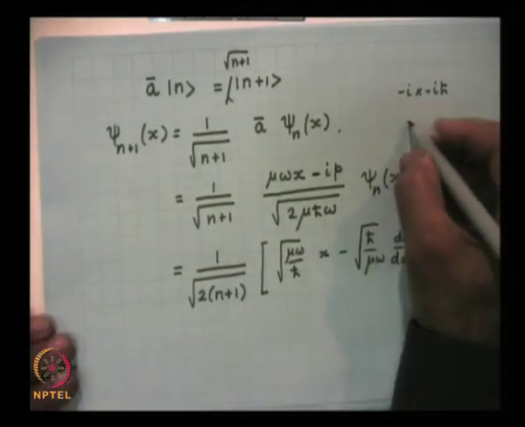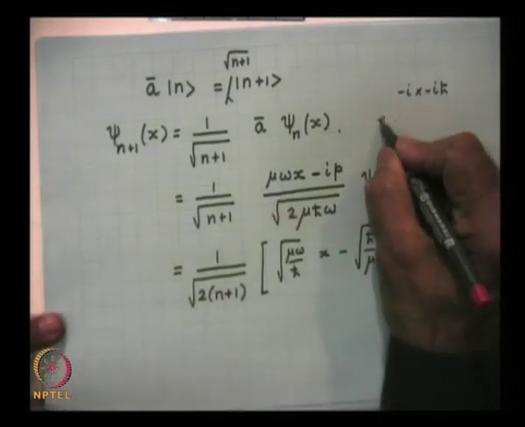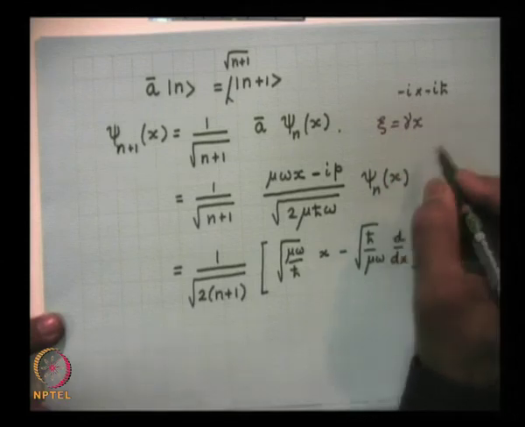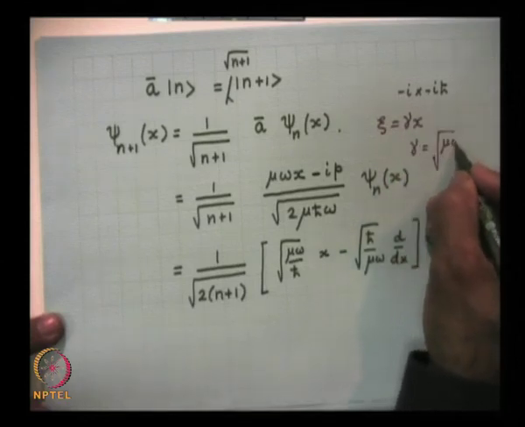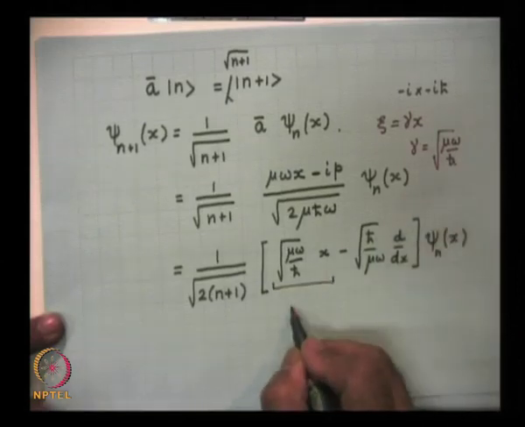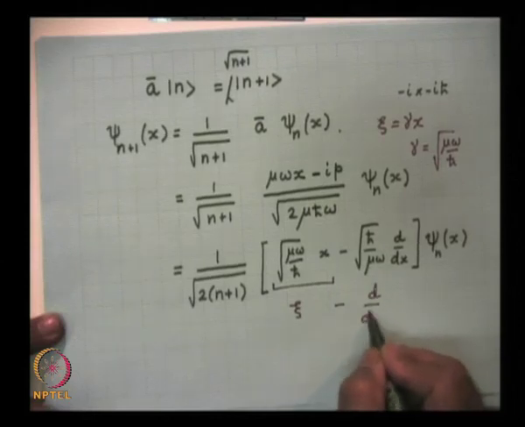We had written down that xi is equal to gamma x, where gamma is equal to under root of mu omega by h cross. So, this quantity is xi and this quantity is d by d xi.